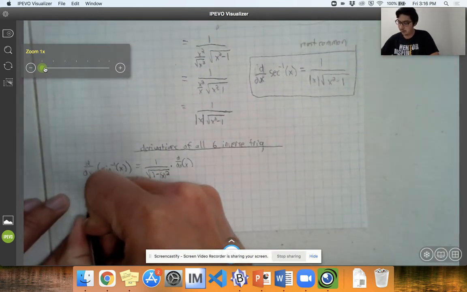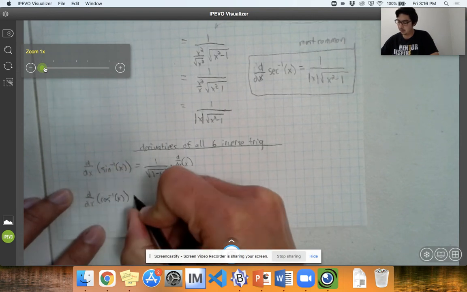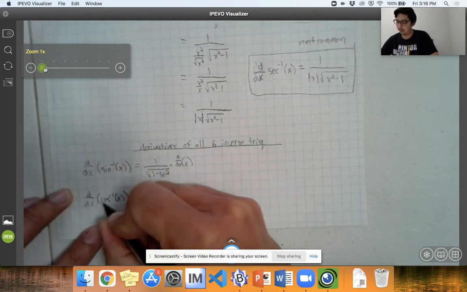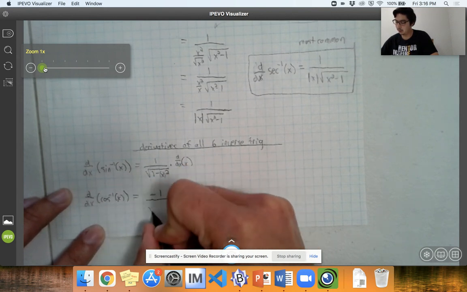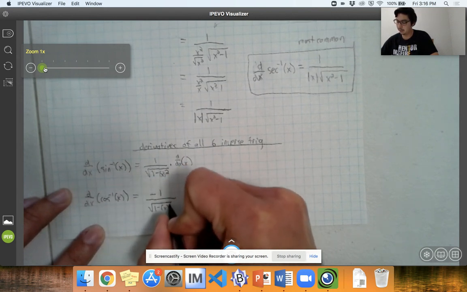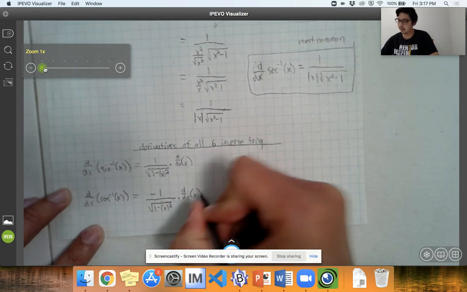The derivative of arc cosine of x is the same thing but negative because it's cosine, or it starts with a c is the trick there. So it'd be negative 1 over the square root of 1 minus your input squared times the derivative of the input, or your inside.